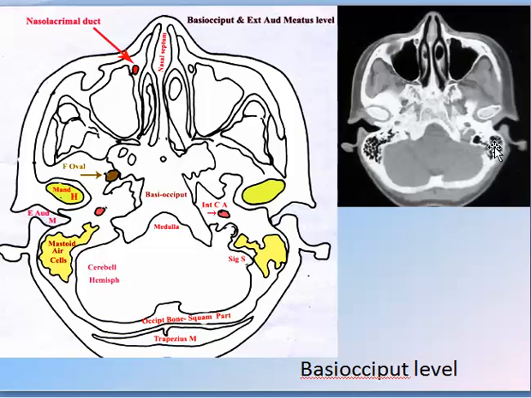Mastoid air cells, internal auditory canal, internal carotid canal, and foramen ovale. And this is the external auditory meatus. External auditory meatus is usually opposite the internal one.